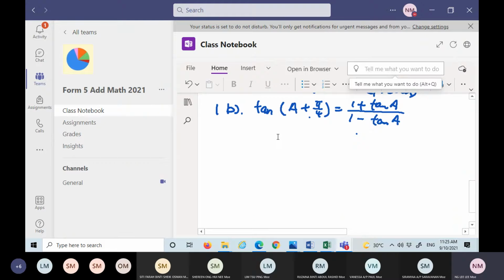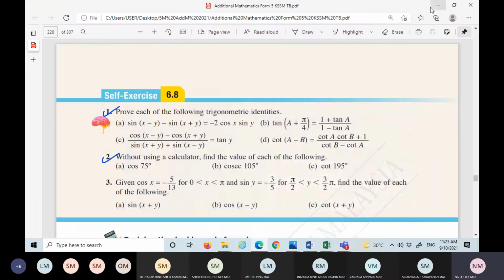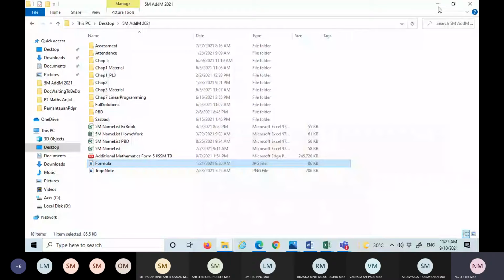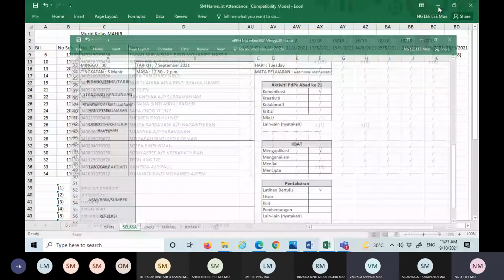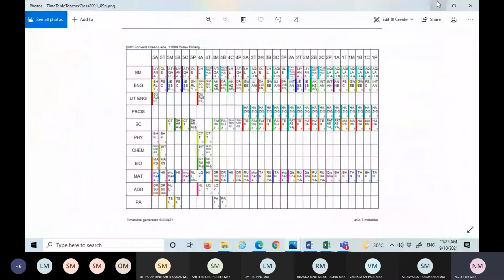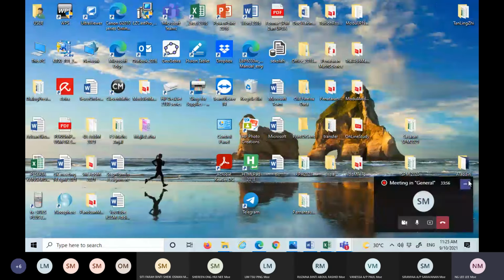Pi is 180 degrees. So pi over 4 is what? I will call out my calculator. Tangent pi. Vanessa, is it?